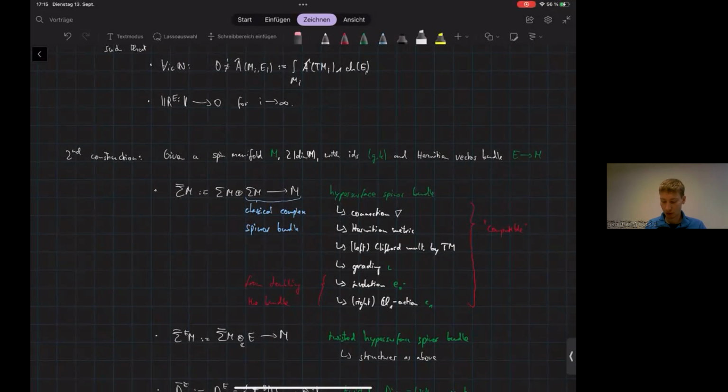It has a connection, which comes from the Levi-Civita connection of the metric. It carries a Hermitian metric. It has a Clifford multiplication by vectors of the tangent space of M. It has a grading, and when we double it, we get even more structure. We get an involution that I call E0 dot.